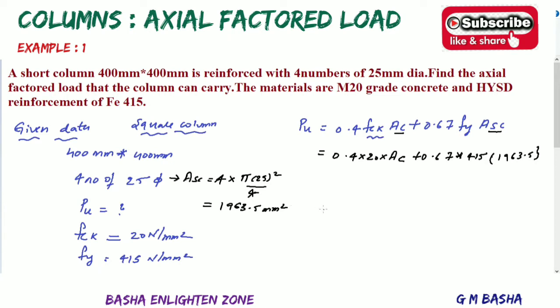If you observe clearly, your gross area, the overall area, will be equal to the area of the concrete plus the area of the steel.